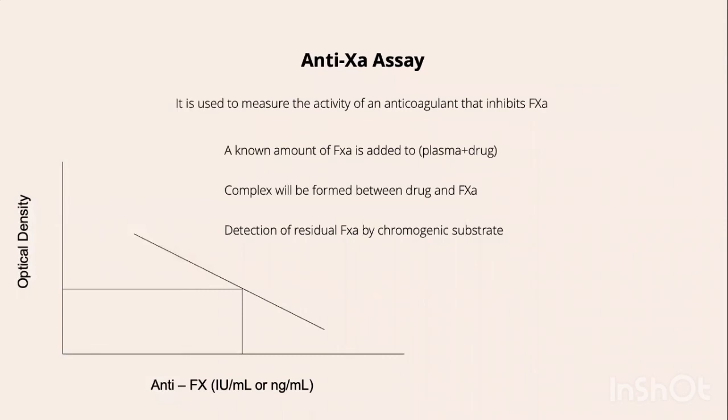So simply, we will add extra factor 10 from outside. And this extra factor 10 will combine automatically with the drug in the plasma. A complex will be formed between the drug and the factor 10 we added. Now, in turn, we will detect the residual factor 10 by chromogenic substrate. And here again, it's inversely proportional. Since we have this line in this direction, it's inversely proportional. Okay?